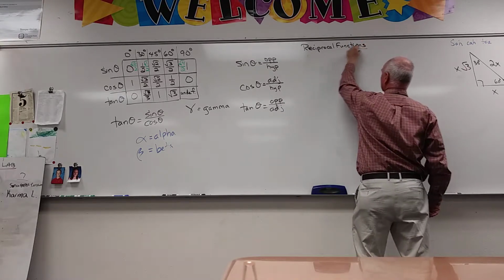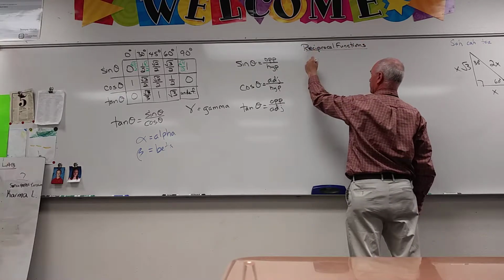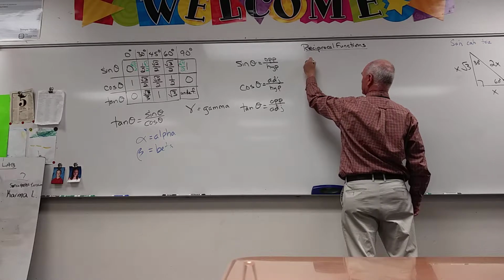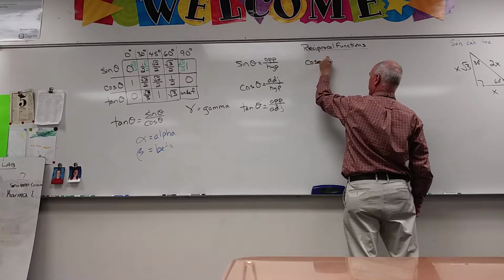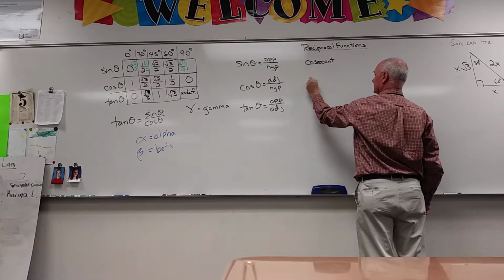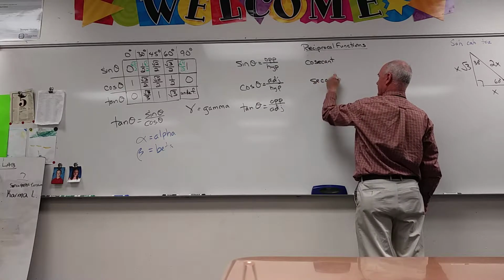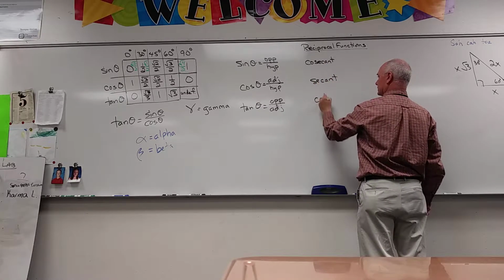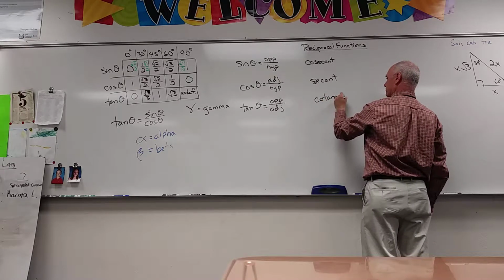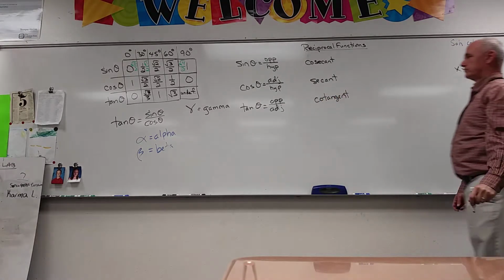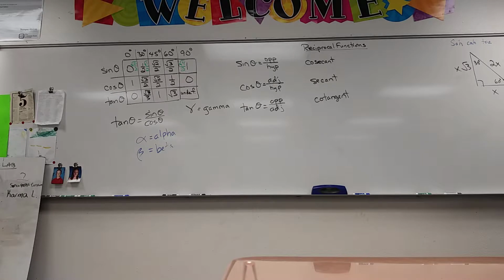And they are, in this order on purpose, cosecant, secant, and cotangent. And you are going to need to know these also.